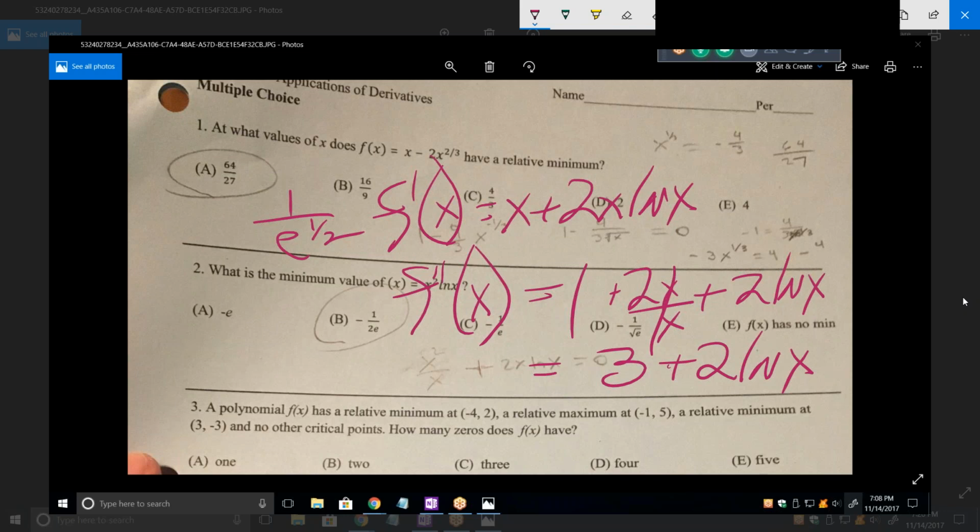Now the question is that plus or minus when x is 1 over, let's see, I can write that as e to the minus 1/2. Now that is 3. This is minus 1/2, so that becomes 3 minus 1 equals 2, which is positive, which opens up. So that's a minimum.